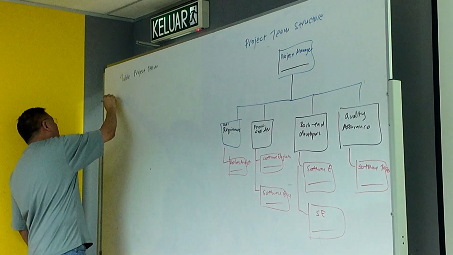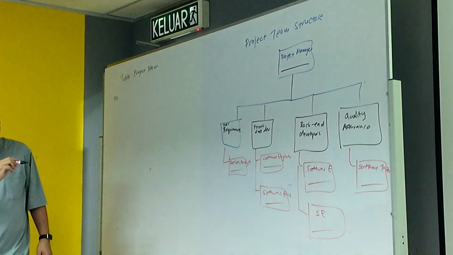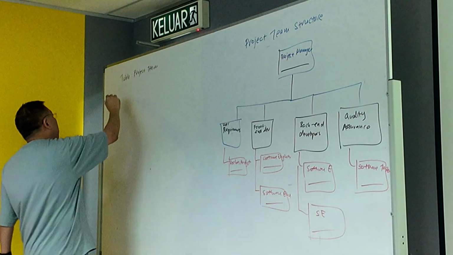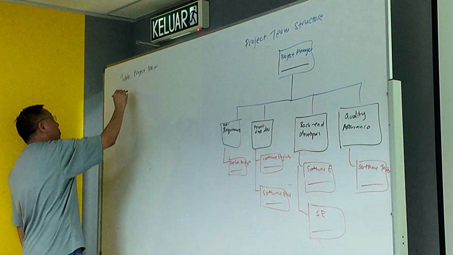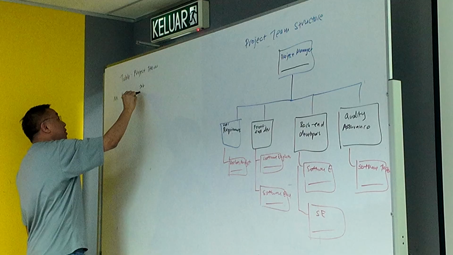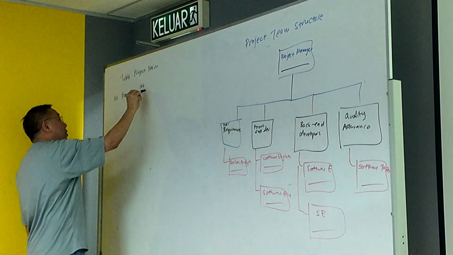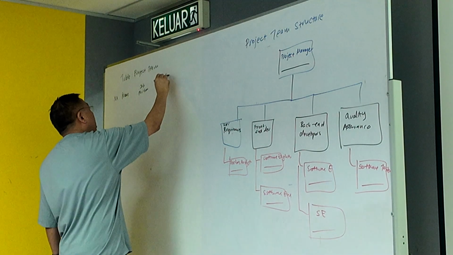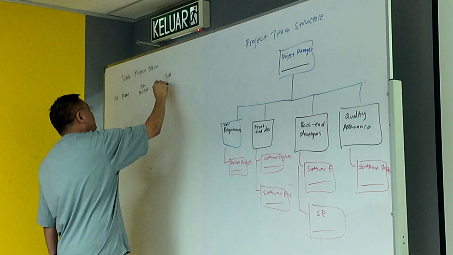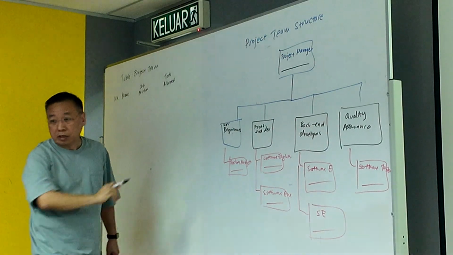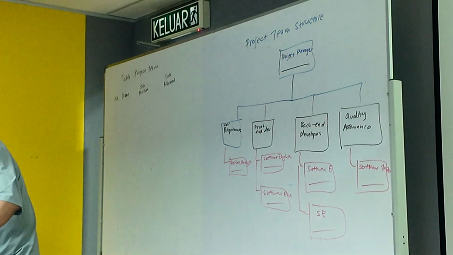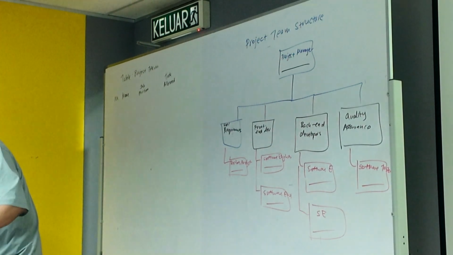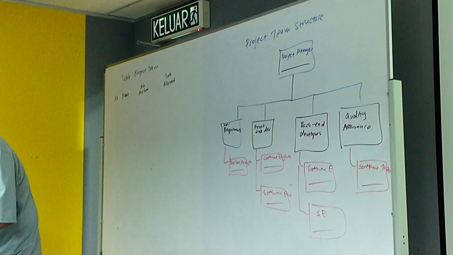And you have a couple of columns: number, name, job position, task allocated. And here, okay.